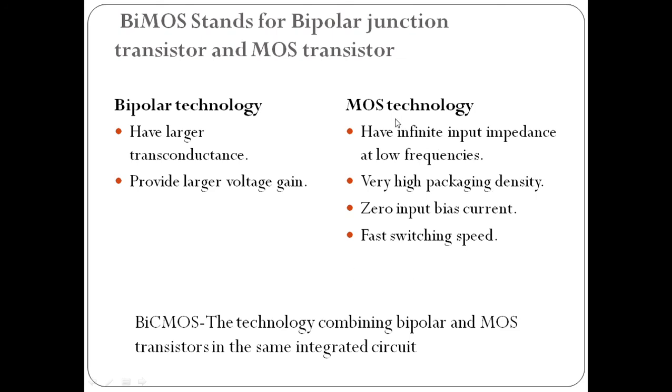And the advantage of MOS technology is that the MOSFET provides an infinite input impedance at low frequencies, very high packaging density, zero input bias current, and a very fast switching speed. So the advantages of both bipolar and MOS technology are combined in BiCMOS technology, also called BiMOS.